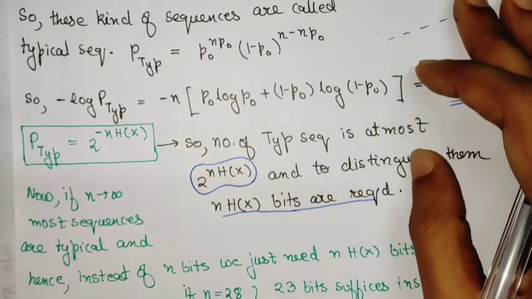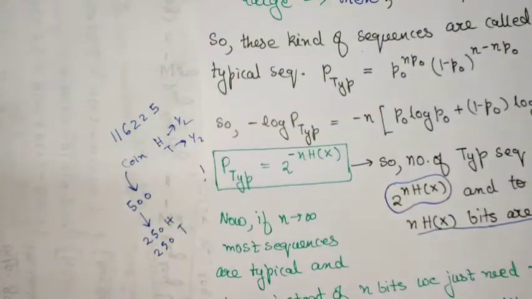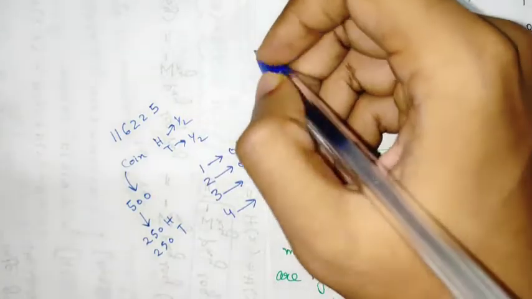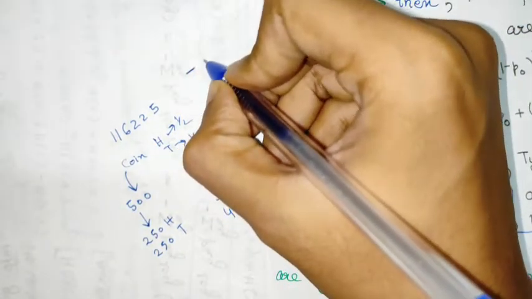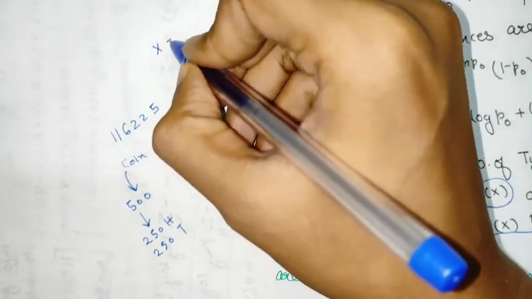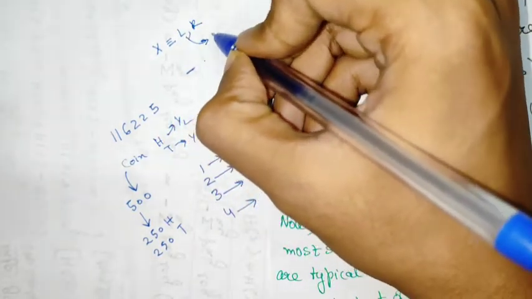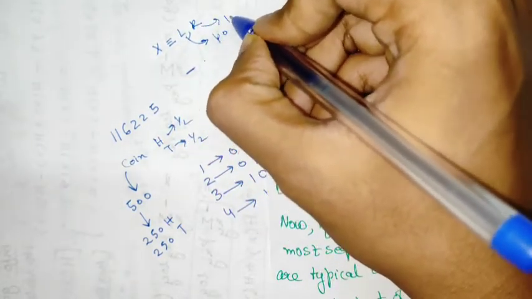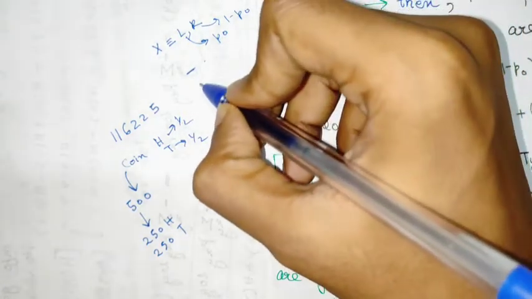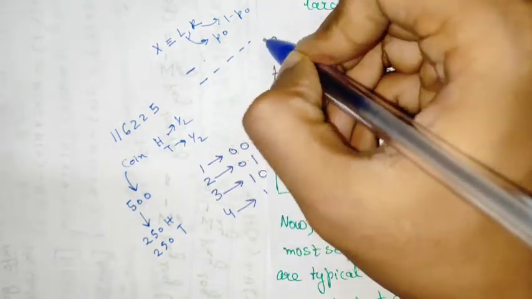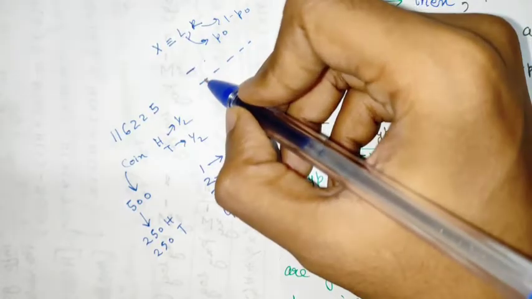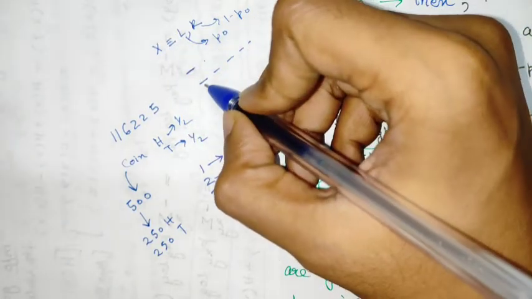Let's be clear about that. In general you have this random variable that takes value left or right with probability p naught or 1 minus p naught, and over n trials, what are the total possible sequences?